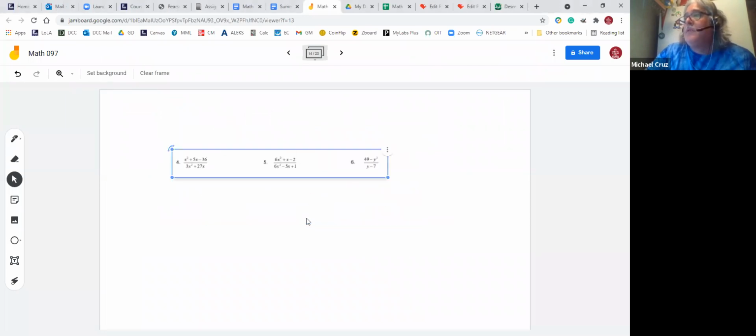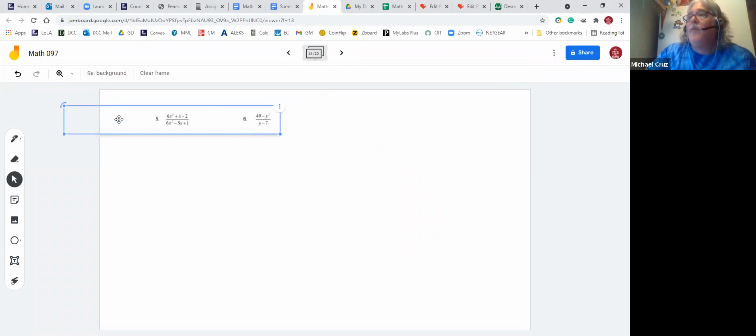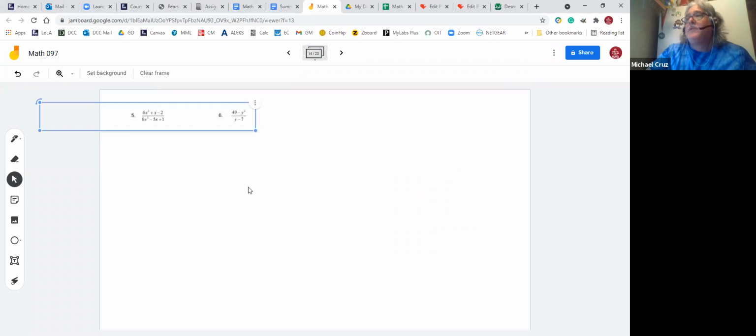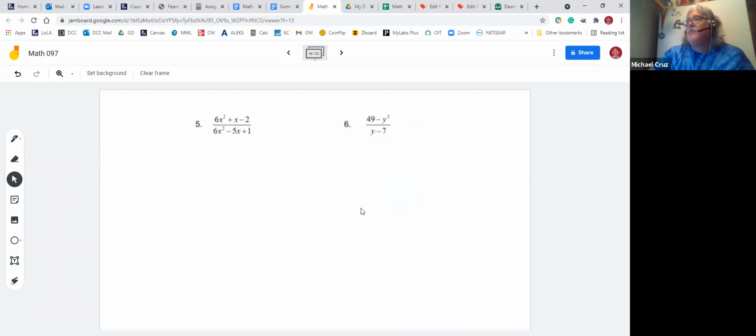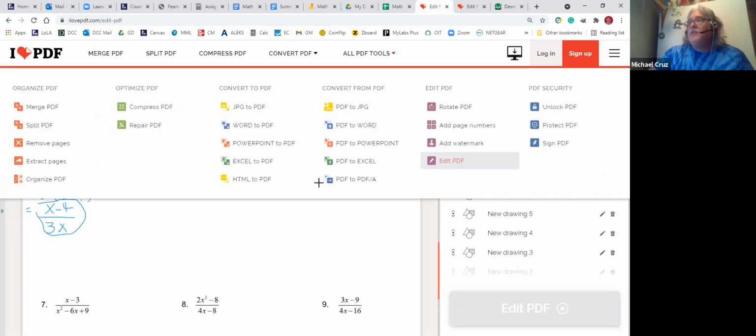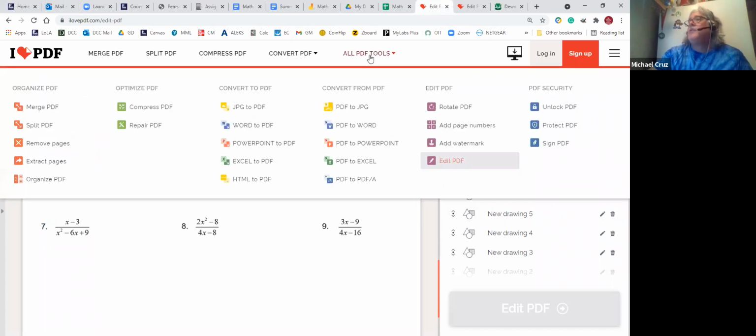Oh, there it is. All right, we already looked at 4, so let's look at 5 and 6. All right, and this gives us more room to do it, because sometimes that little space they give us on the sheet is small. All right, what was the other one? Oh, okay.